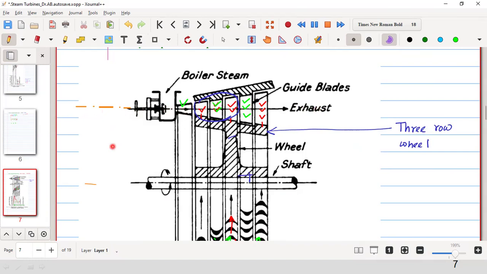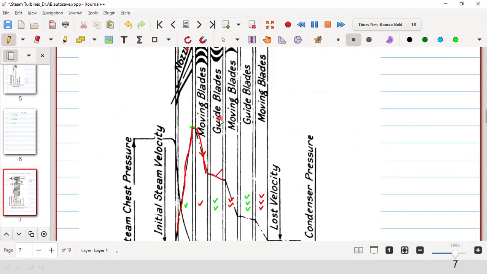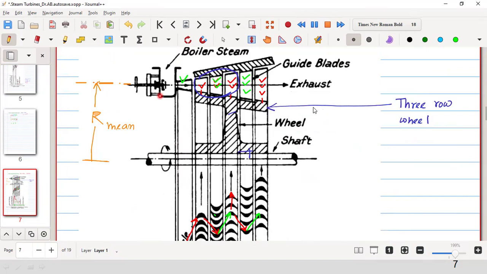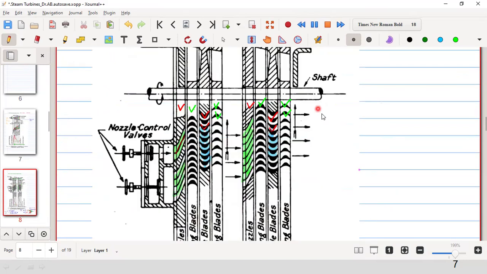From this, it is the mean radius. This is R, the mean radius, and double of that will be the mean diameter. So for the turbine, this is the mean diameter.